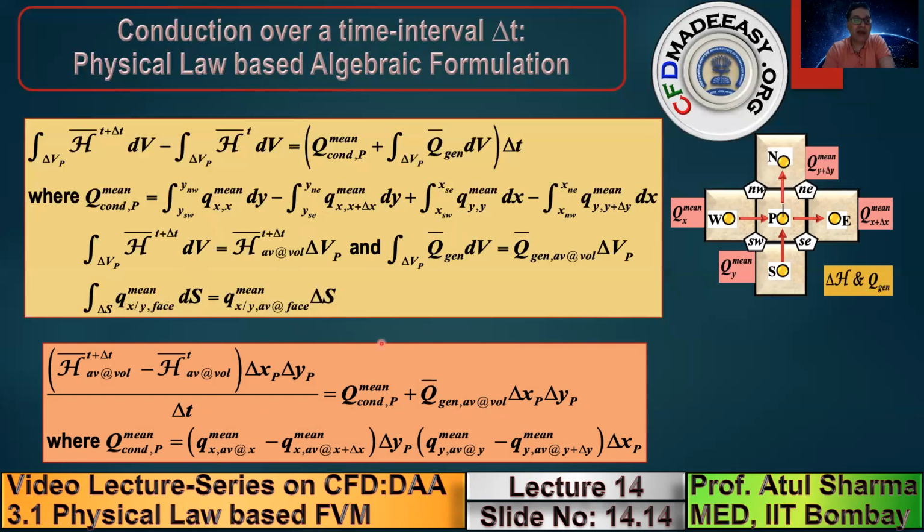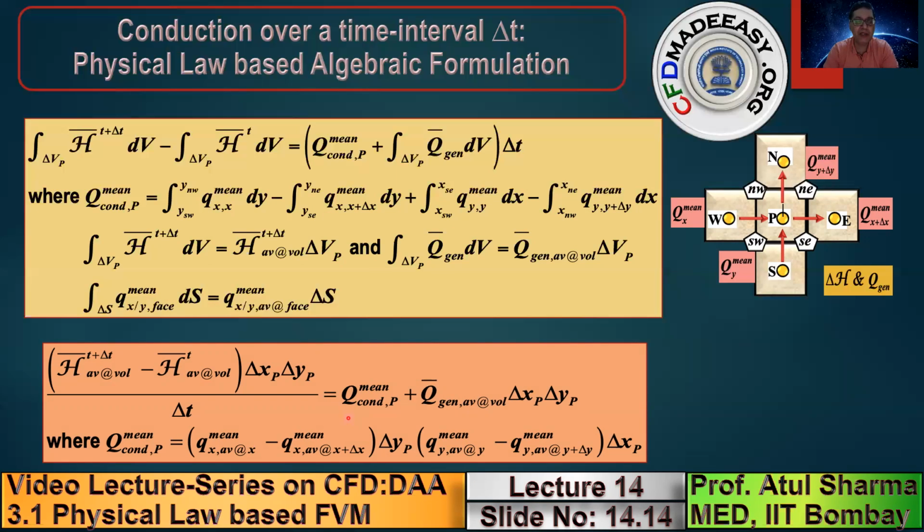So till now I have not used any approximation. This is an algebraic formulation where I'm just using a mathematical definition, what is called surface average and volume average, and I'm trying to represent the volume-wise variation of a volumetric term and the surface-wise variation of a flux term by a 1-point representation.